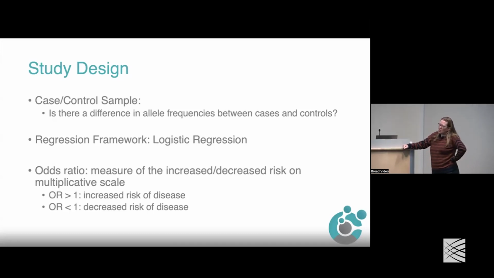The odds ratio where there's no effect is expected to be 1. An odds ratio greater than 1 means there's increased risk of disease associated with the allele. An odds ratio less than 1 means decreased risk of disease associated with the allele.